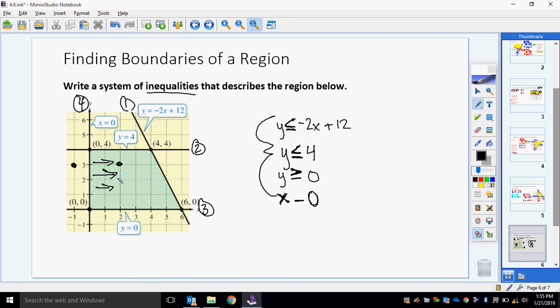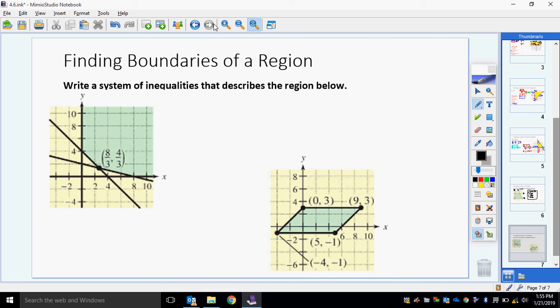Well, that x value would be a 2, and this x value would be a -1. These are greater, so I want the greater than symbol. All right, so I just created from the graph a system of linear inequalities that describes this region out of those 4 lines.